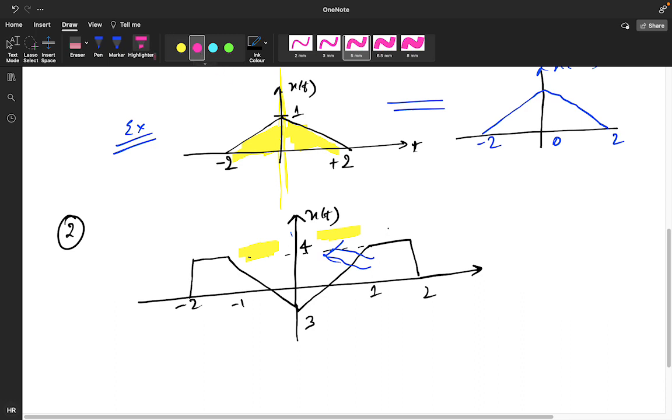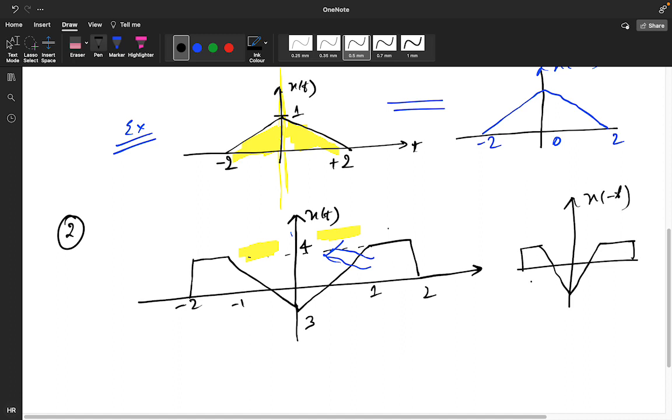And even if you do the time reversal, x of minus t, you will get the same graph. So these two signals are examples of an even signal.